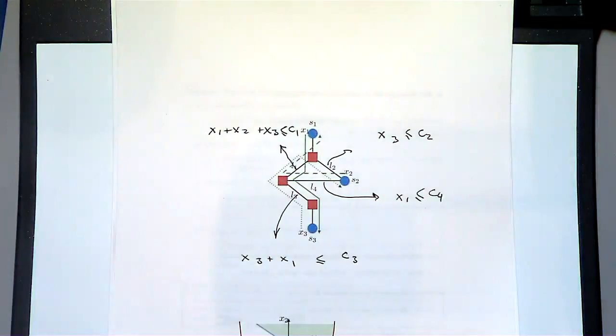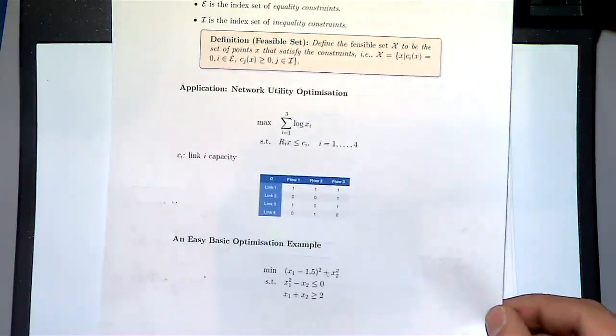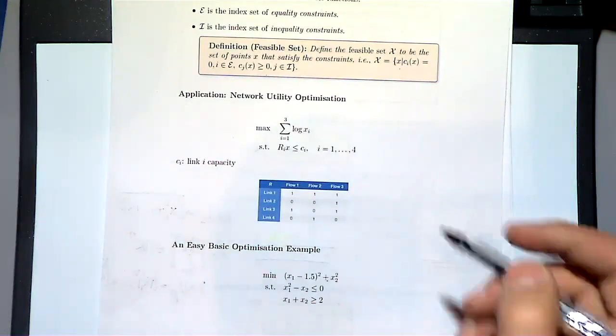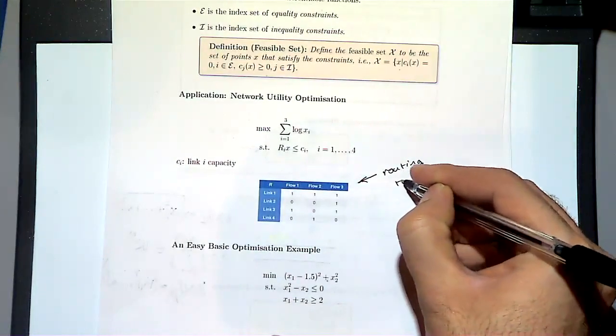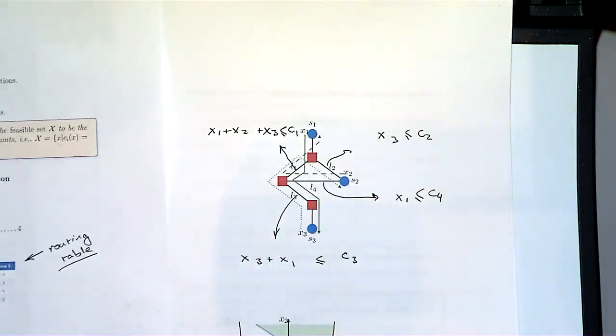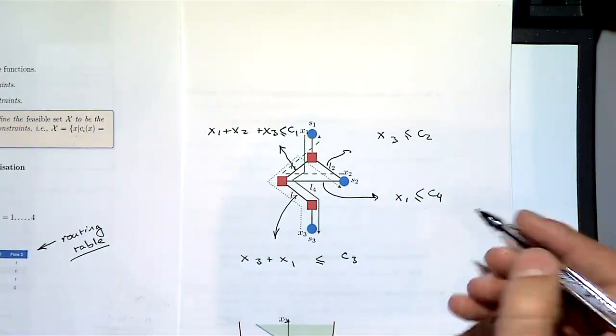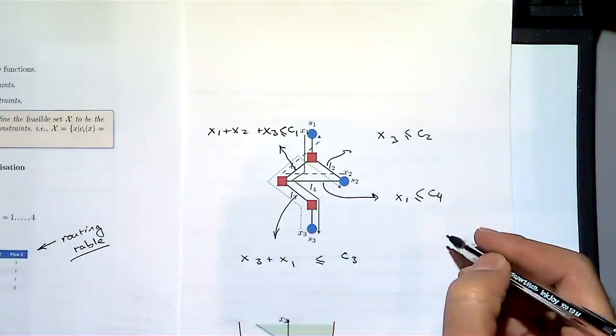I can go and put together a routing table and really concatenate all these constraints into one vector form. Because if I go back here, I can put all my decision variables on top of each other. I call it x.